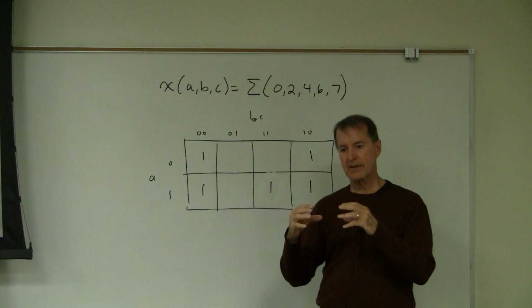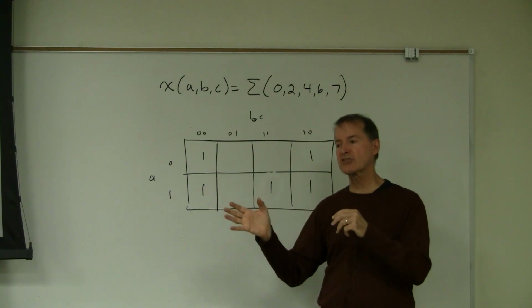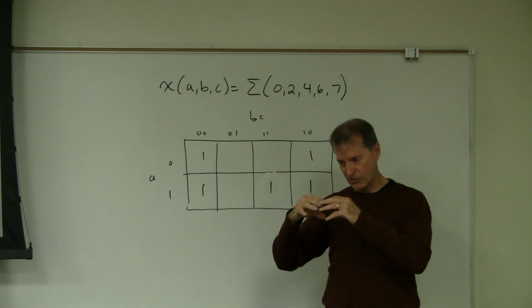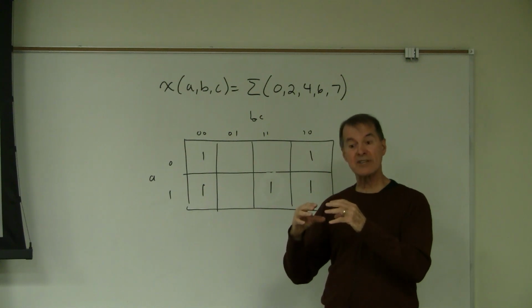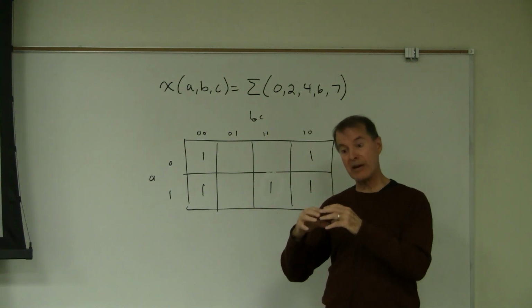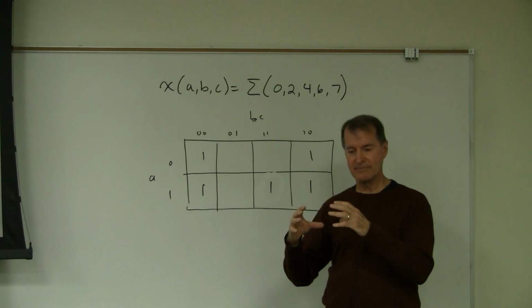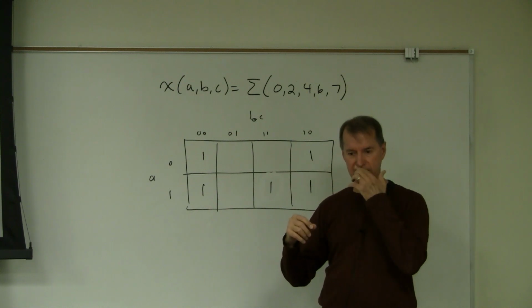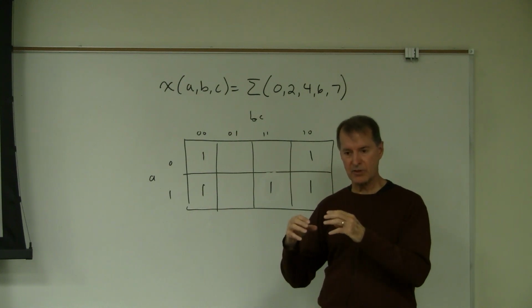In the circuit, each group represents a gate. The bigger the group, the smaller the number of inputs to that gate. Are you with me? So that saves space.